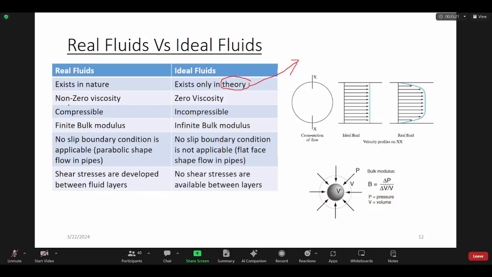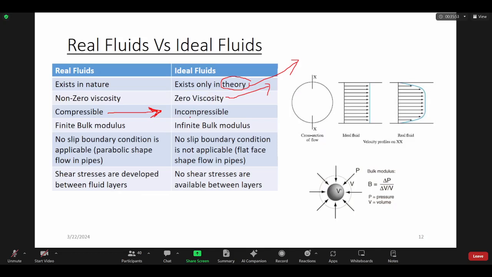Then in real fluid, viscosity is non-zero, but in ideal fluid we consider viscosity to be zero. Real fluid can be compressed. We can apply a force and compress it.